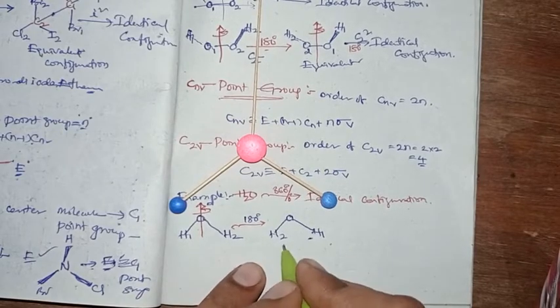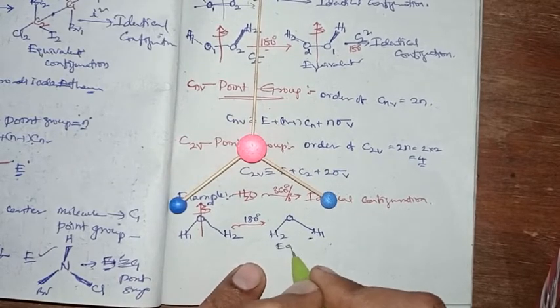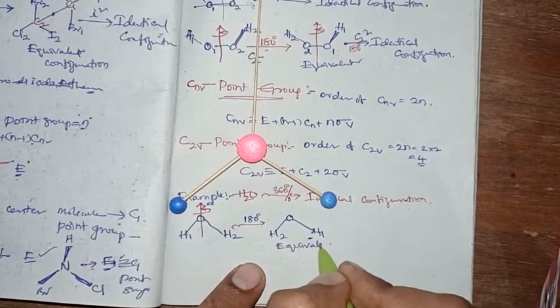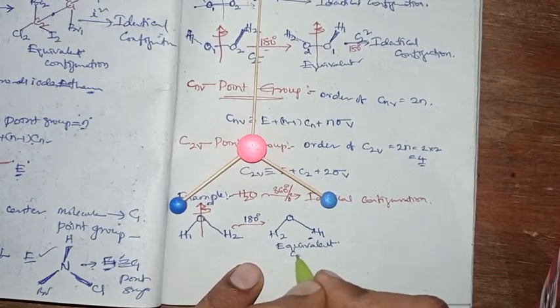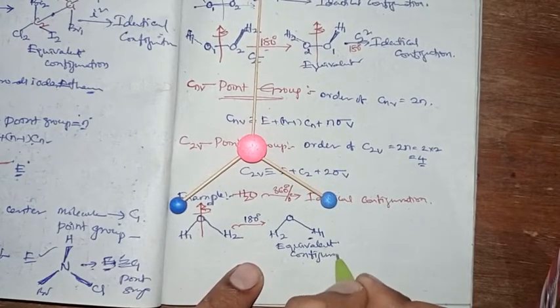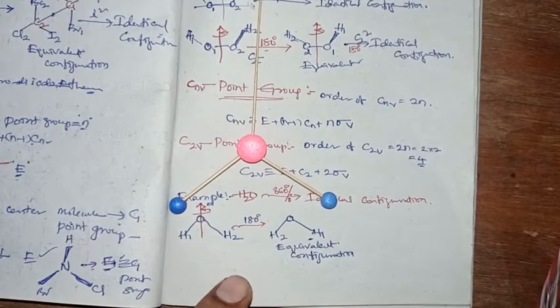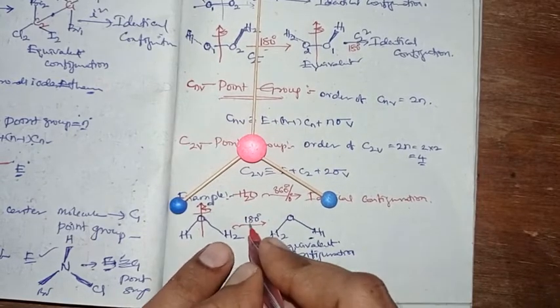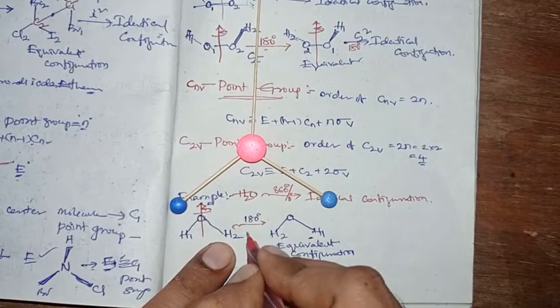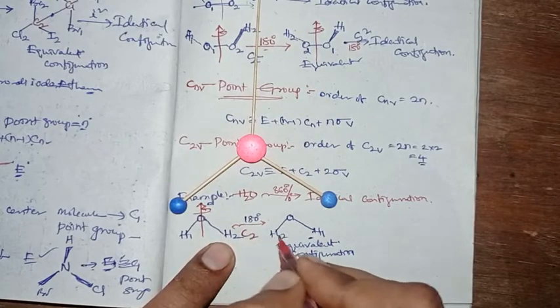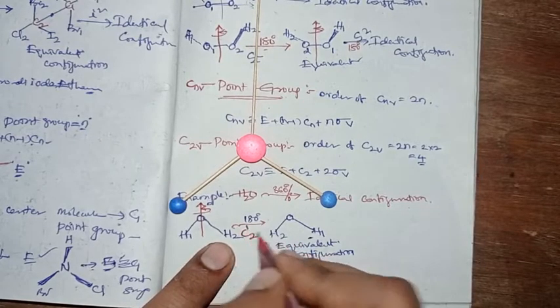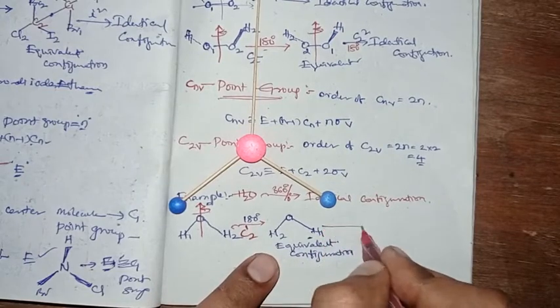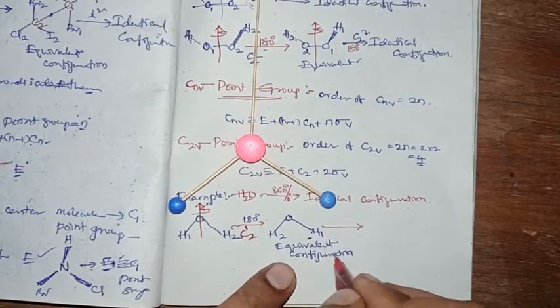When similar atoms exchange their positions, the generated configuration is an equivalent configuration. So getting an equivalent configuration for 180 degrees of rotation, it is called the second fold rotational axis. Doing it one time generates the equivalent configuration.